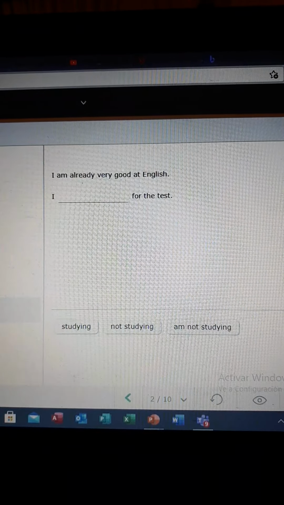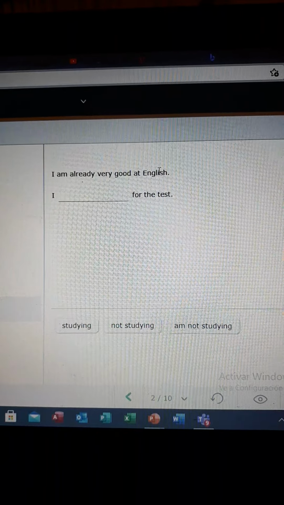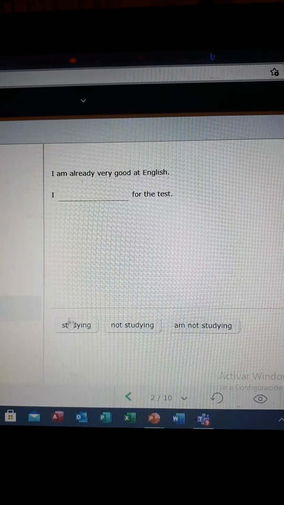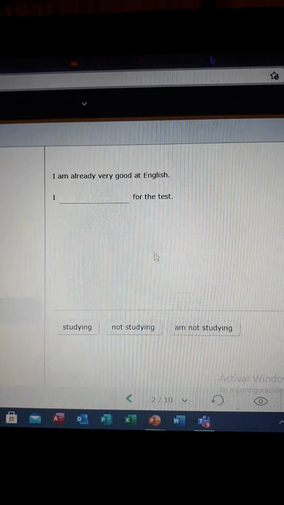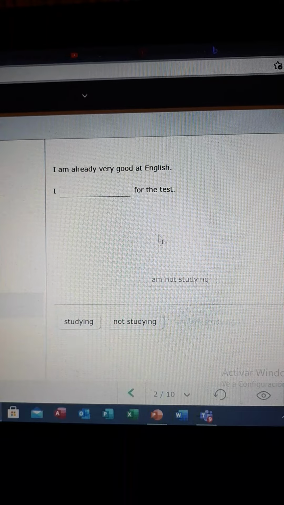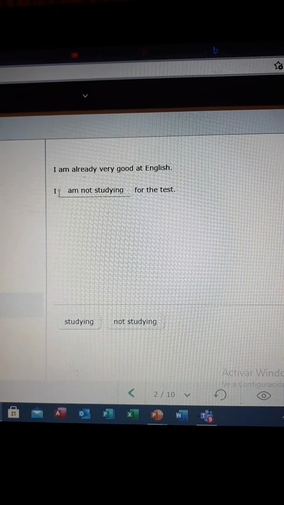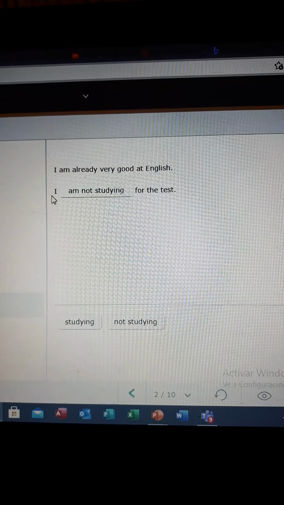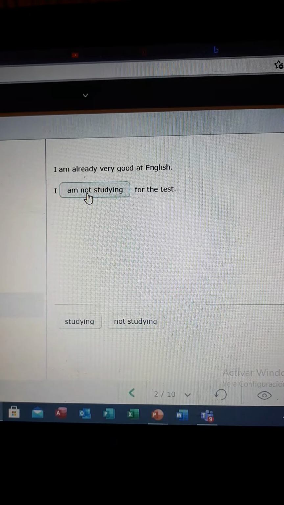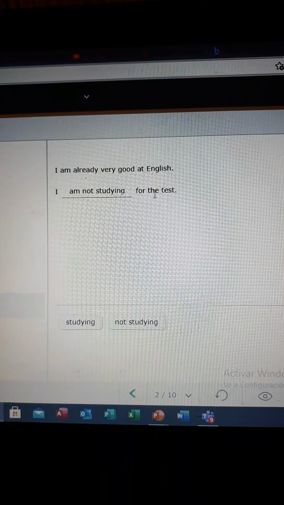Let's work with another one. It says, I am already very good at English. Why am I studying for the test? I'm not studying for the test? Nope. I am not studying for the test. This is the correct one because after the pronoun or name, we have to work with the auxiliary that corresponds to the name, then the negative form, and then the action with ing. So I am not studying for the test.